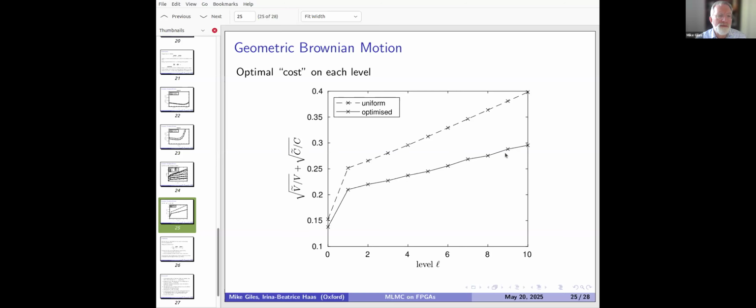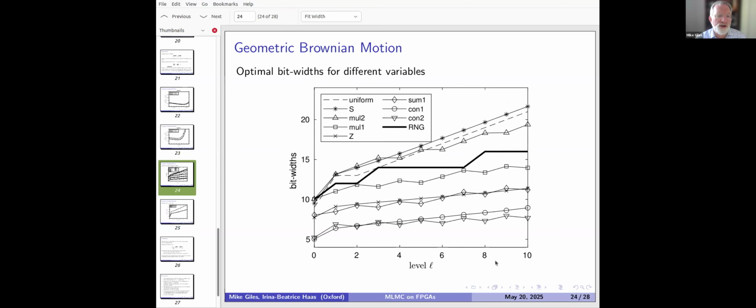In some ways, looking at the figure on slide 24, I'm surprised we don't get more savings from doing the optimization, because a lot of variables have significantly reduced cost.